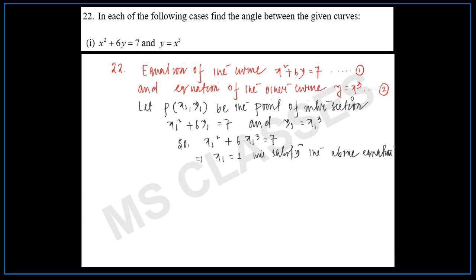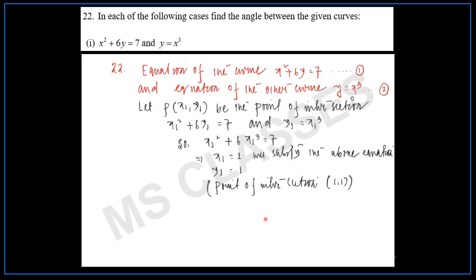Now when x1 equal to 1, y1 equal to also 1. So the point of intersection which we have got is 1 comma 1.